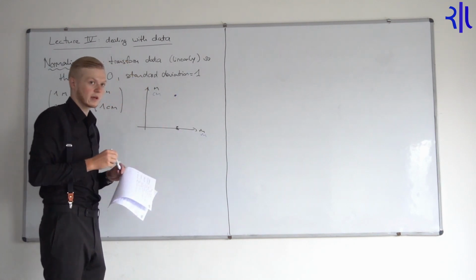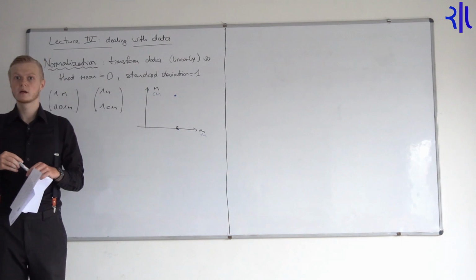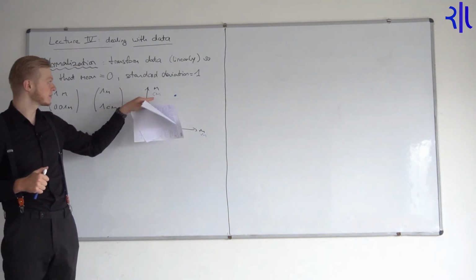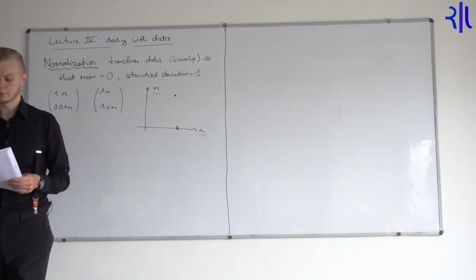So one axis will be way more important; the centimeter axis will be way more pronounced.